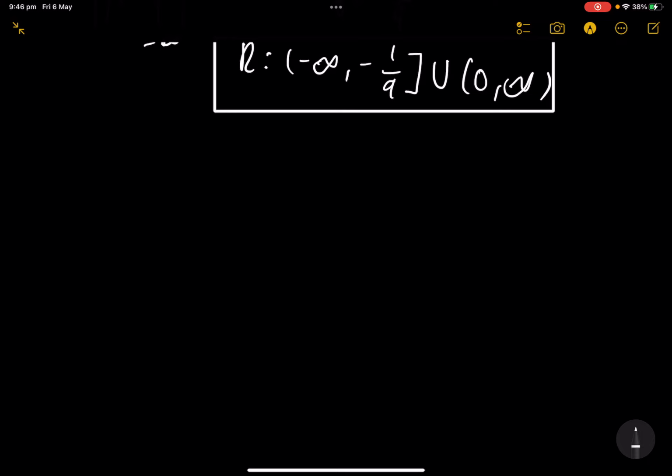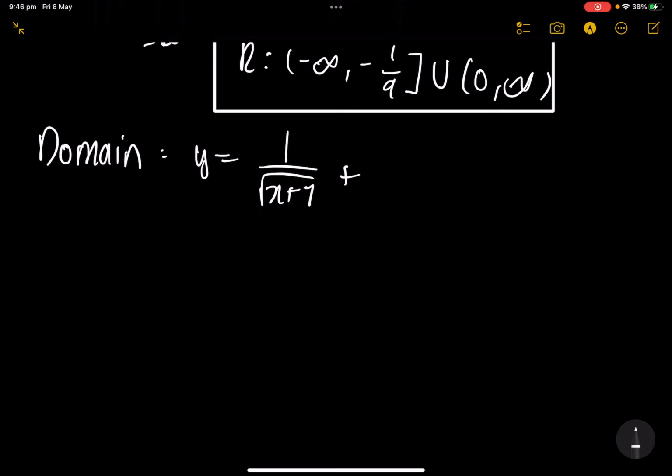Okay, next question, we'll find the domain of this. Y equals 1 over square root of x plus 7, plus 1 over absolute value of x minus 5. So you will get two separate inequalities.